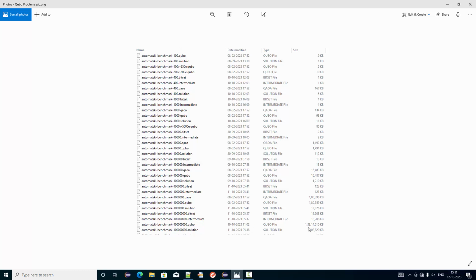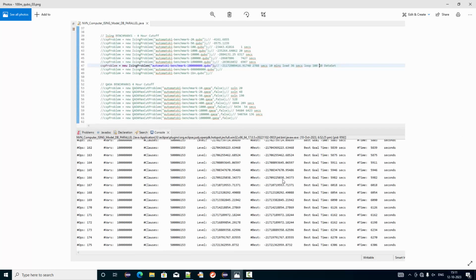It is a 13.314 gigabyte problem statement file. And this is how it runs. We have run it and we have taken snapshots. Remember, this is a test environment. This is 1,000 times slower. So for a 100 million qubit problem size, you can see this running here, and the solution is converging.